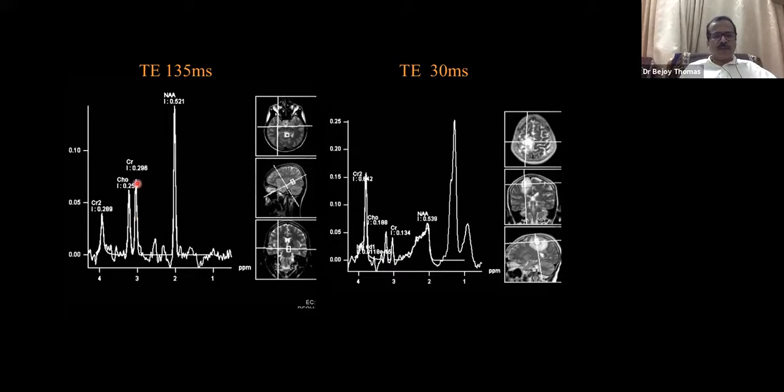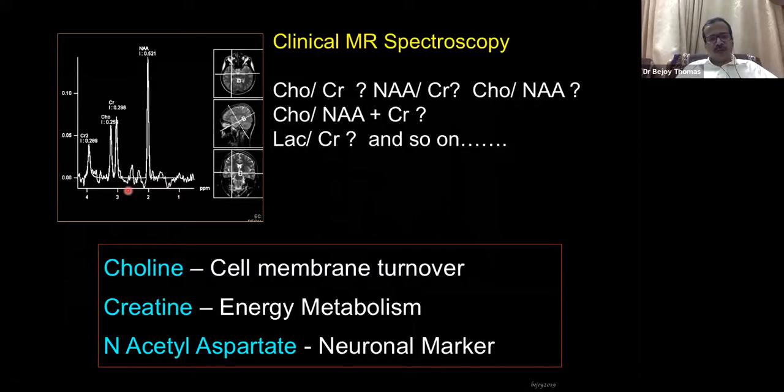At 3 ppm, you can again see the creatine peak. Here you see the second creatine peak actually becomes lower in height or integral. And at 3.2 ppm, you have the choline peak, which is actually a membrane marker. Most of the time we are looking at choline, creatine, and N-acetyl aspartate.